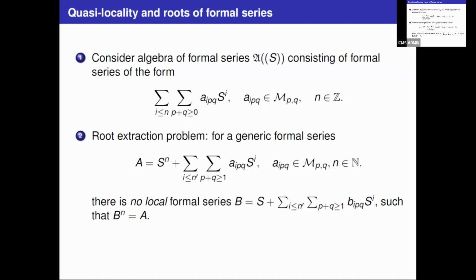So in fact, for a generic formal series, let's say s to the power n, and then this is the only linear term, and then all the rest of s will be multiplied by some left and right multiplications. So if we want to solve the equation a equals b to the power n, to extract the root of order n, then generally there is no local formal series b satisfying this equation.